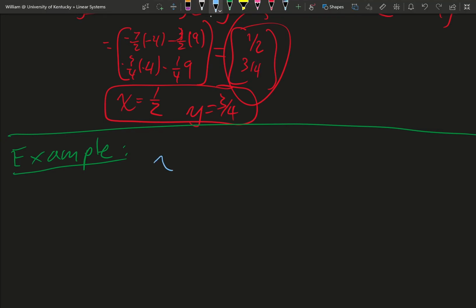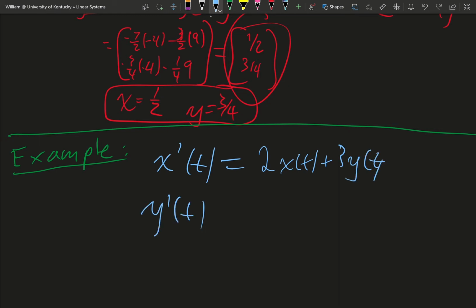So x prime, and then we'll have something involving x and y. So let's say 2x plus 3y. And y prime, we'll do negative 4x plus just y.